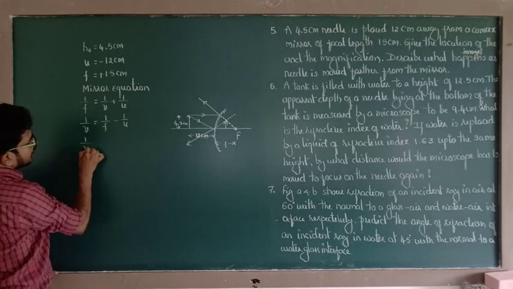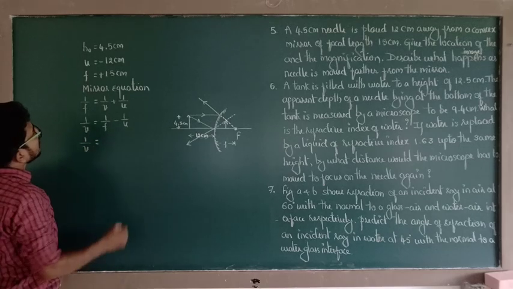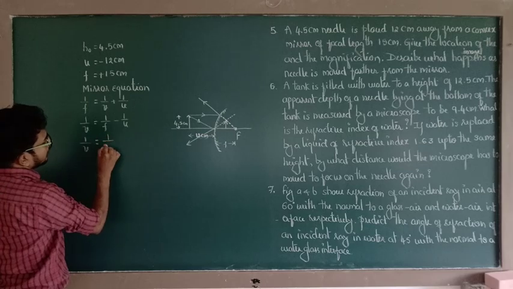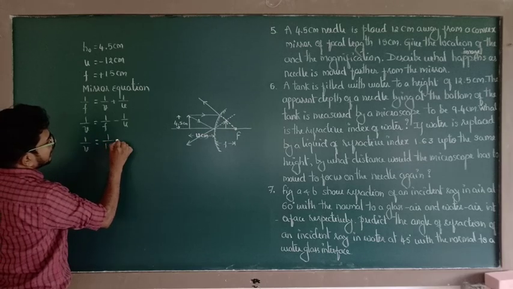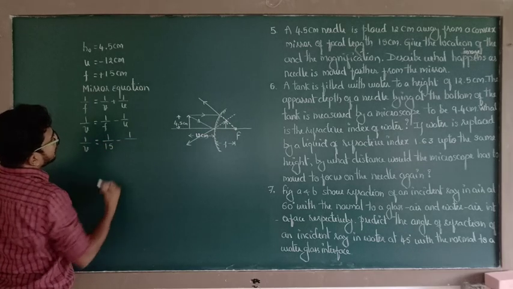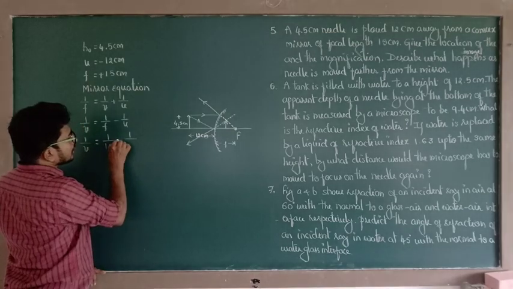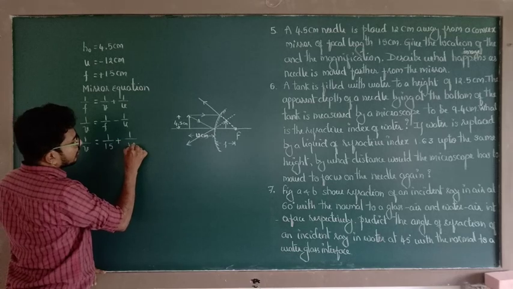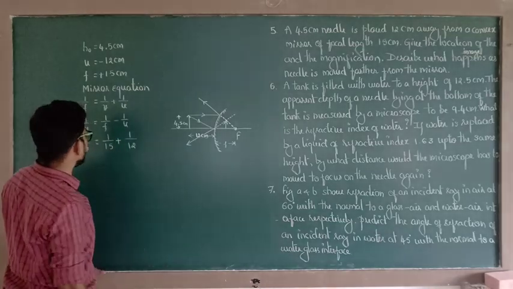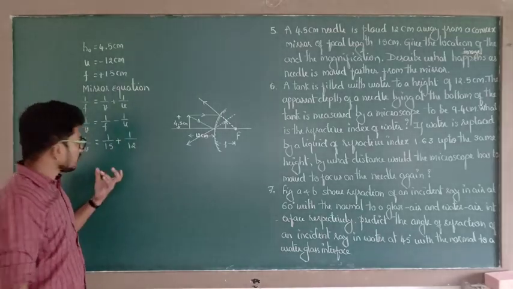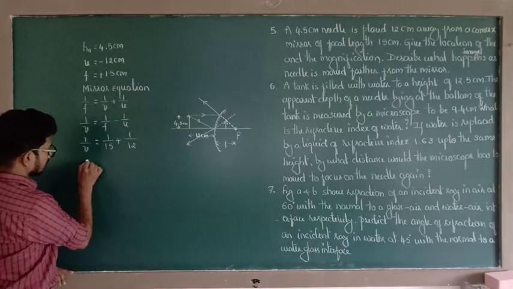So 1 by v is equal to 1 divided by 15 centimeter, the focal length, minus 1 divided by u, the object distance, minus 12 centimeter. Minus into minus gives plus 12 centimeter. Now solve this mathematical step.